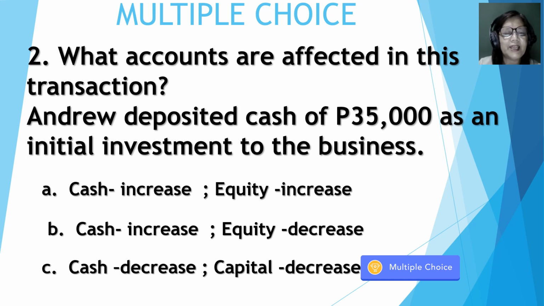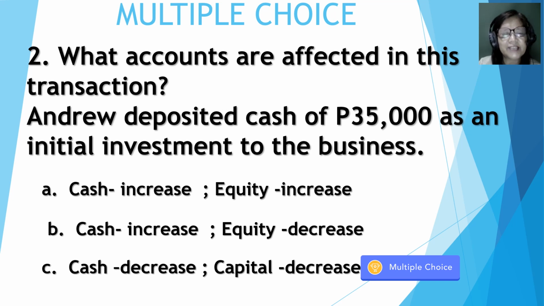Okay, how about letter B? Cash increase, equity decrease. If your answer is letter B, then your accounting equation is out of balance because there is an increase in the debit side, but there is a decrease in equity. It should be increase in cash, increase in equity.